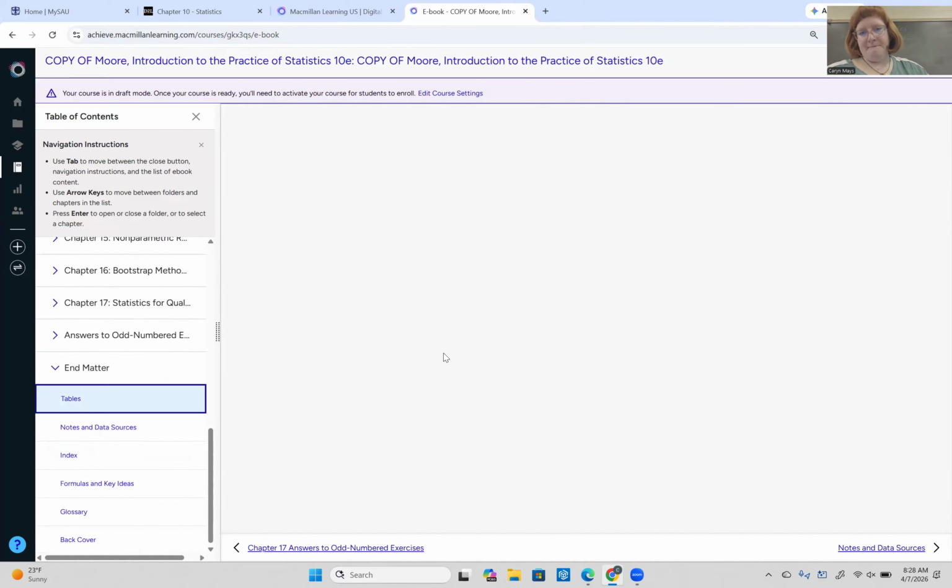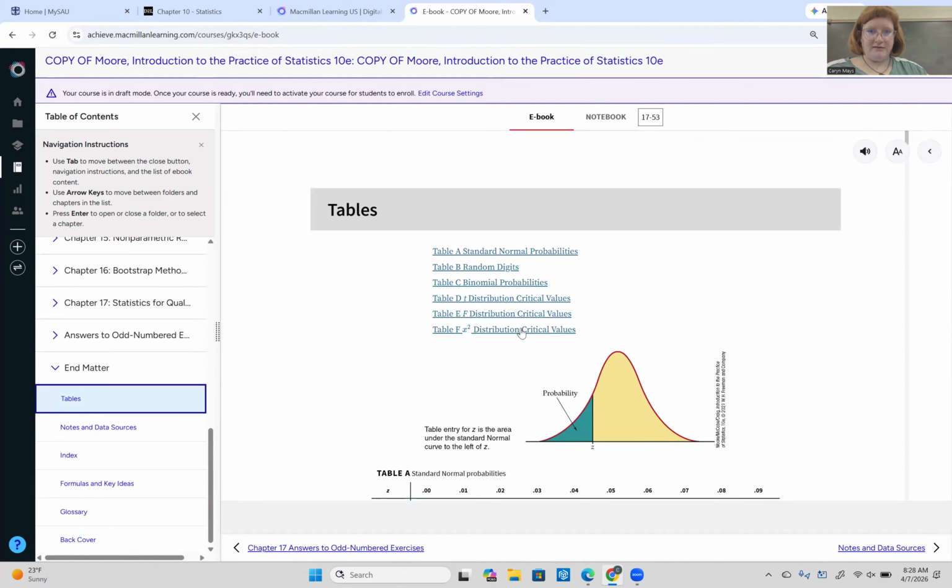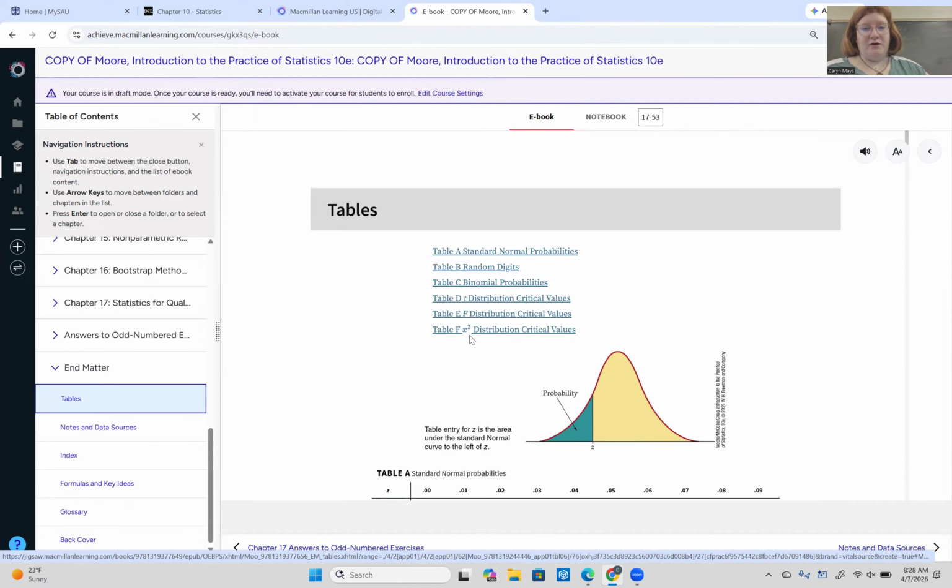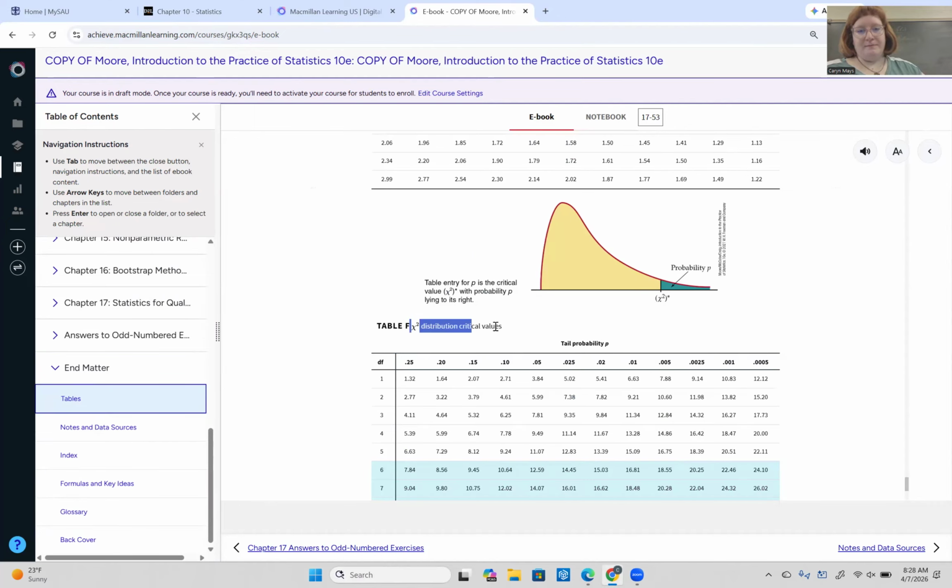We have our tables in the back again. They load. This time we want table F, and it actually says the chi-square distribution critical values.